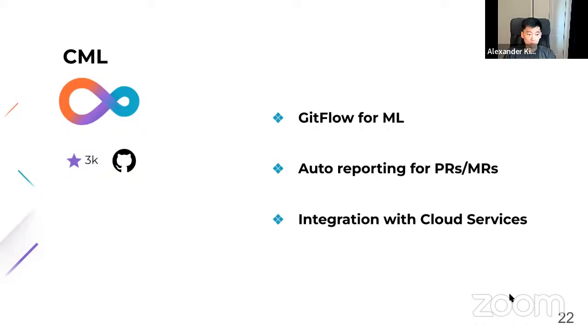The idea is that you can post whatever customizable reports as comments in either GitHub or GitLab. And it seamlessly integrates with cloud services such as AWS, Azure, Google Cloud Platform, or Kubernetes.